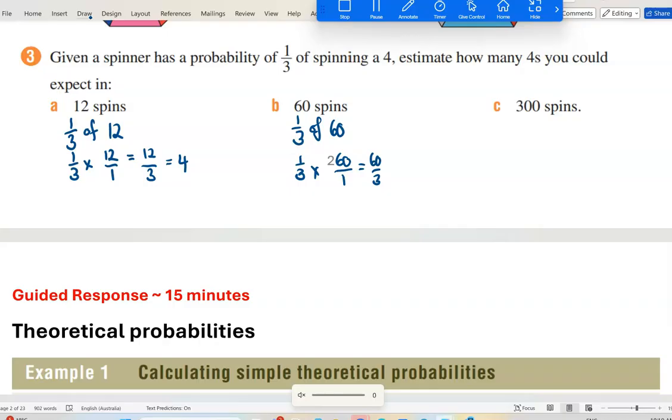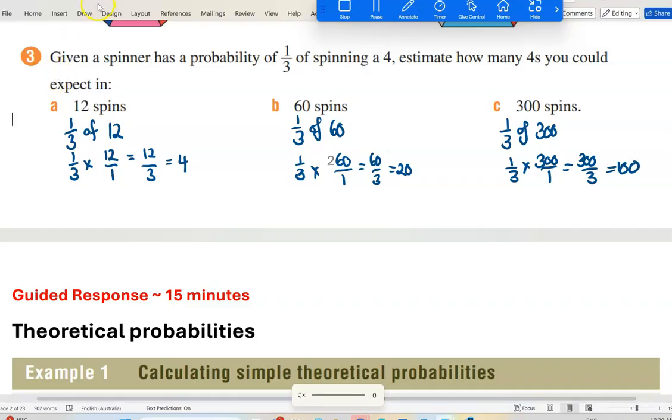I should get 20 4s when I do that. And here, a third of 300. So, of always means times, so I could change that. And we get 300 over 3, so it would be 100. I should expect 100 4s if I had that chance. You can just divide. All right.